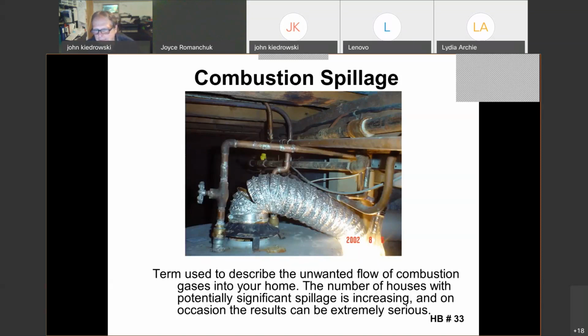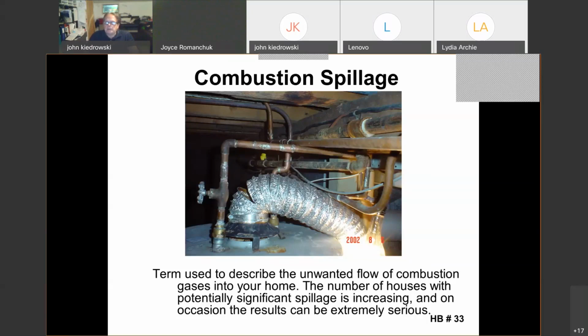And number two, it's not really the ideal material for this. So the term is used to describe unwanted flow of combustion gases into your home. The number of houses with potentially significant spillage is increasing, and on occasion the results can be extremely serious. As we know, people can die from carbon monoxide poisoning.